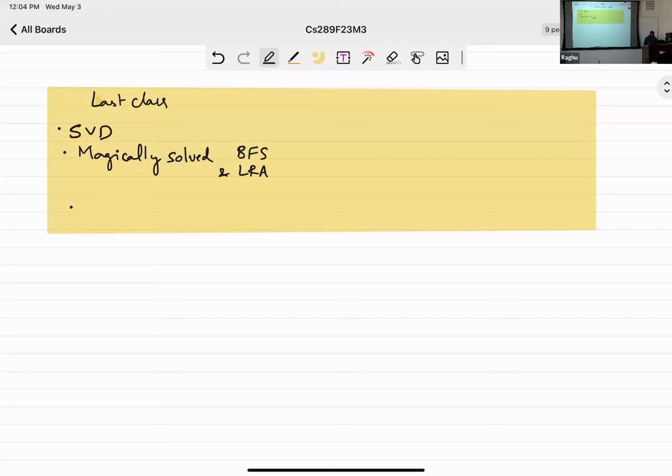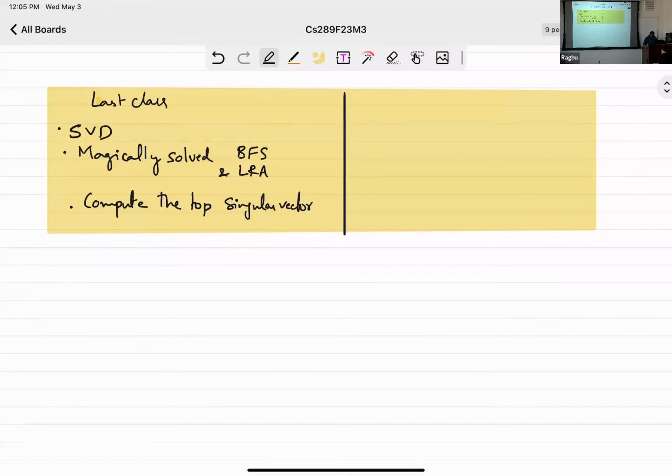Okay, and finally, we talked about how to compute the top singular vector, right? The top singular vector meaning the first principal component, the singular vector corresponding to the largest singular value sigma 1.